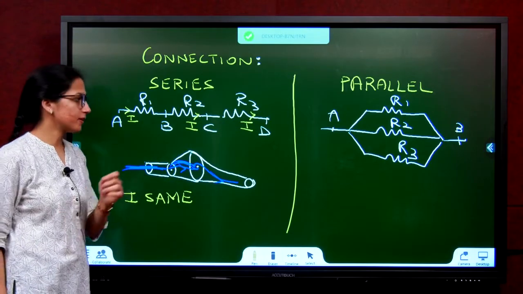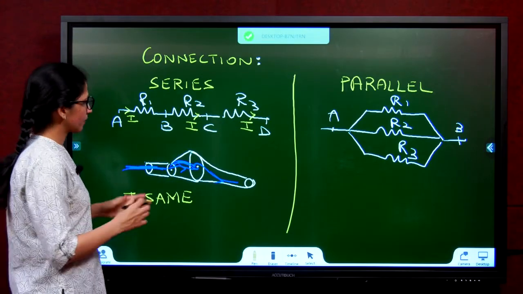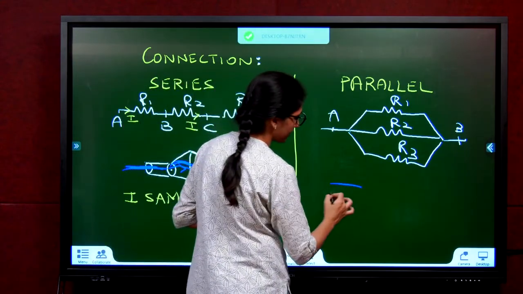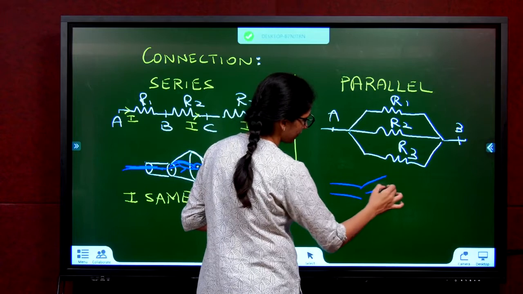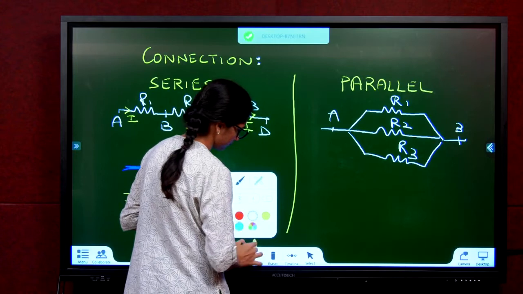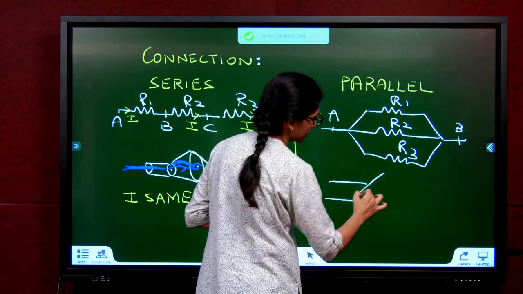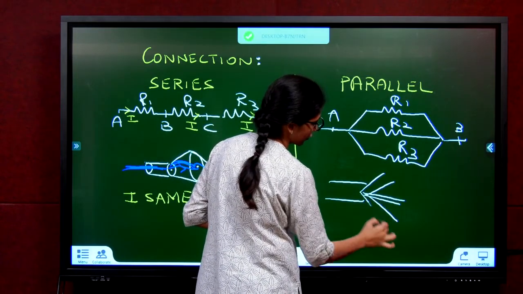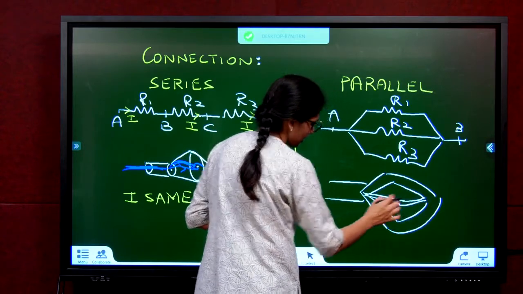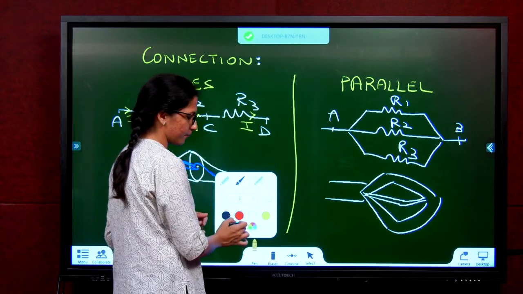Now what happens to the potential? Okay, before that we'll finish current there. So now you have a pipe here, it's getting divided into three different connections. If I have water entering this pipe, what happens?